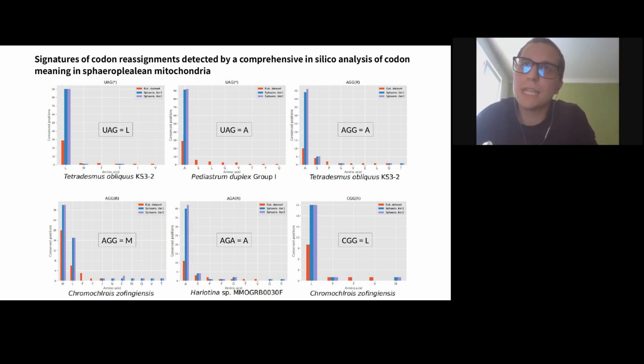The first two cases are examples of stop-to-sense codon reassignment, but AGG and AGA normally encode arginine, as does CGG. It seemed that in these unicellular algae, they encode different amino acids.